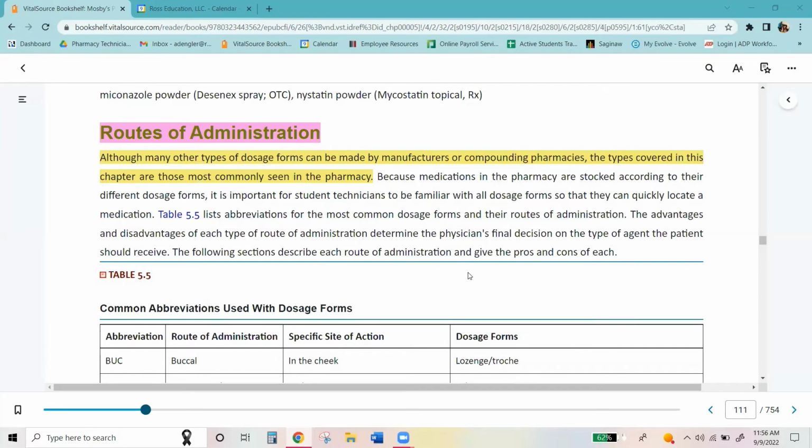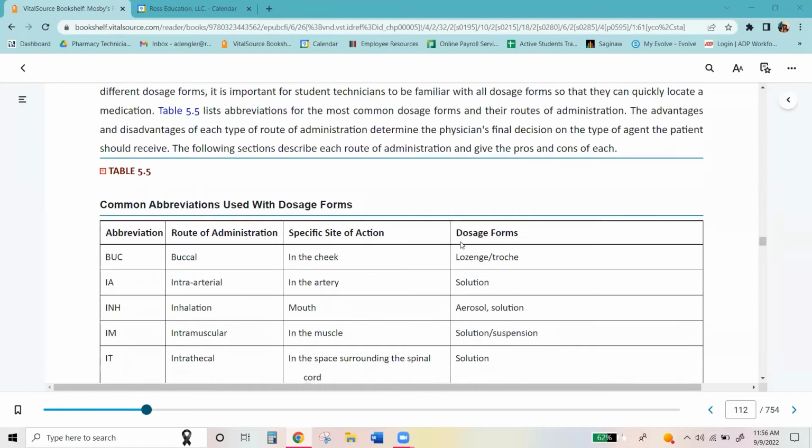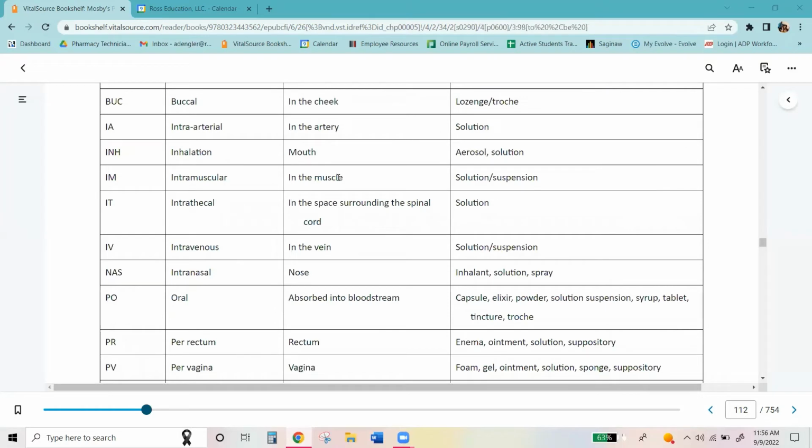All right, now we're going to talk about routes of administration. Although many other types of dosage forms can be made by manufacturers or compounding pharmacies, the types covered in this chapter are those mostly seen in the pharmacy. These are common abbreviations used with dosage forms.